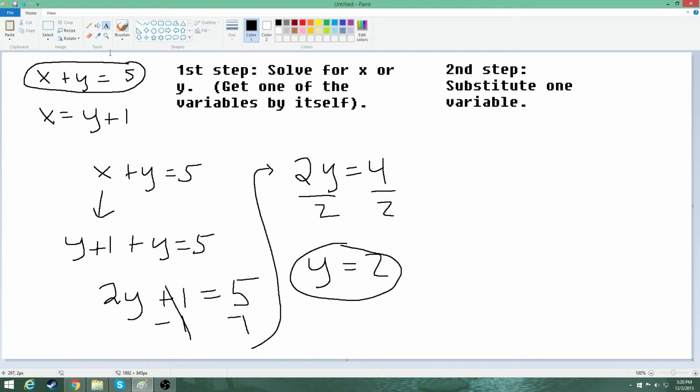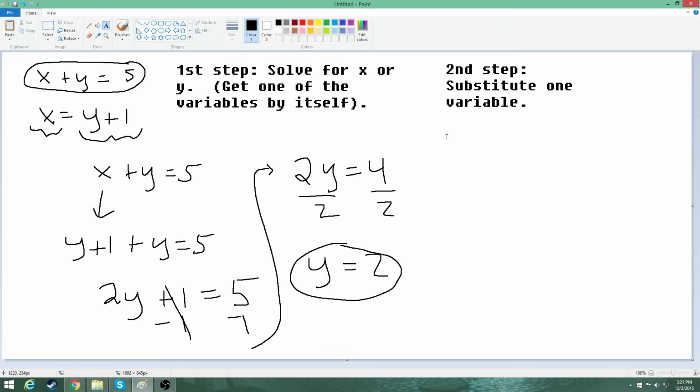What we did was we had x plus y. We substituted right here. We said, okay, instead of x, we're going to write y plus 1. That was our substitution step. Sorry, it is so hard to find my mouse.